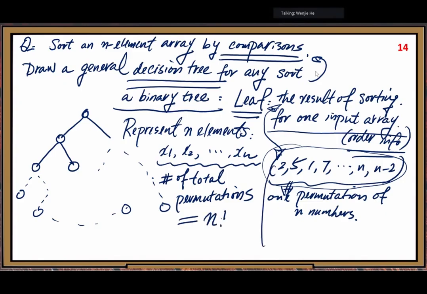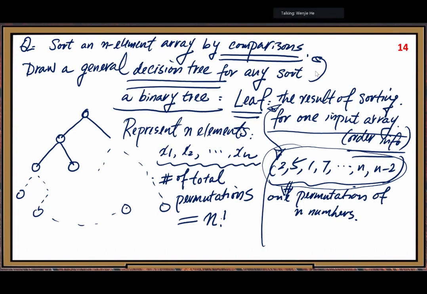In total, n factorial permutations, right? In discrete math, you learn this formula: the number of permutations with n different symbols is n factorial. Here we use that formula.